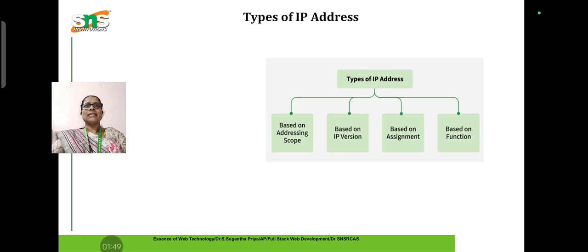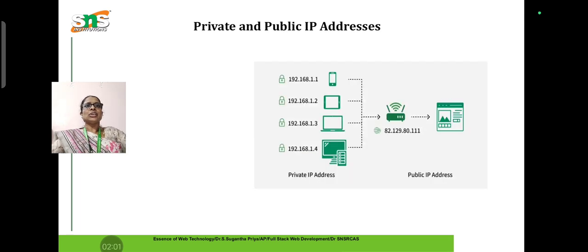So based on the addressing scope, first is a public IP address. A public IP address is assigned to every device that directly accesses the internet. So this address is unique across the entire internet. Uniqueness and accessibility are its key characteristics, and they are assigned by the internet service providers when you connect to the internet through your internet service provider.